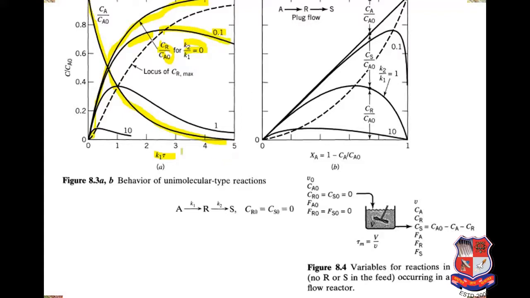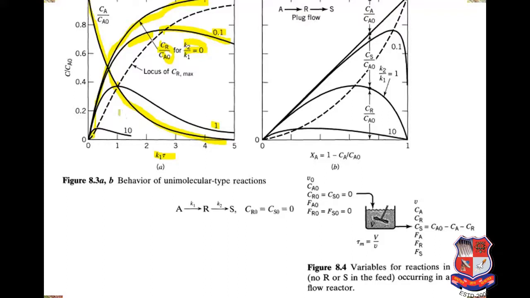Similarly, as the K2 by K1 value increases from 0.1 to 1, where both the reactions are moving with the same speed, K1 equal to K2, then again this CR max is reduced substantially. This was much higher, almost in the range of 0.7, now it reduces to almost half, around 0.4.